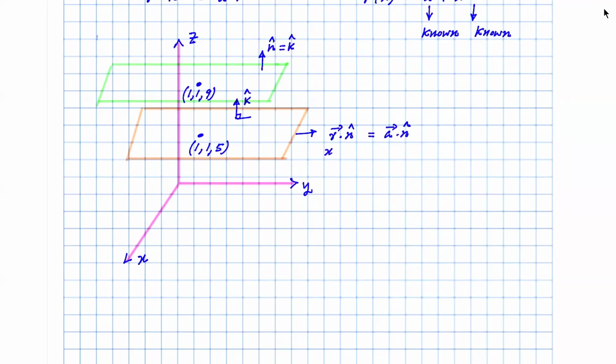So I'm going to do it this way, xyz, for simplicity, using this bracket notation which we used last time. n is going to be what? Dot with k hat. Now, A is going to be 1, 1, 5. Then n hat is going to be k hat.